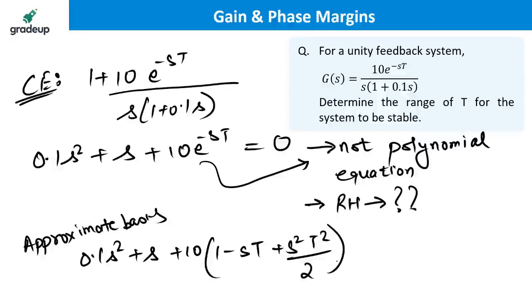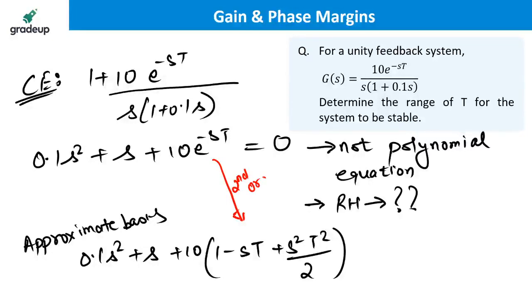Why is this very much approximate? Because actually e raised to the power minus st has an infinite number of terms, but I am only taking the second order approximation of it by Taylor's expansion.